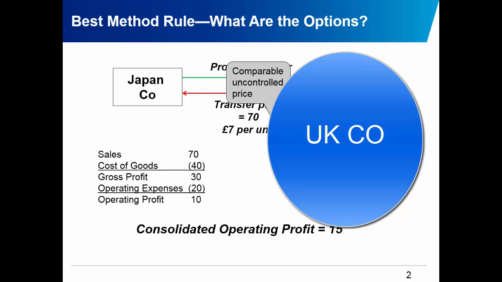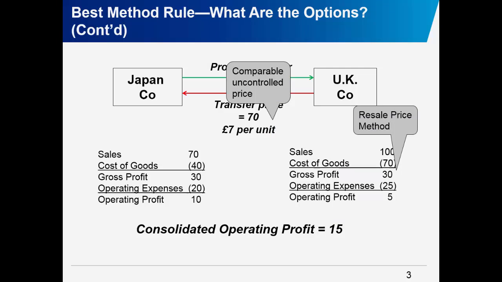Let's focus on the UK co, so let's focus on the distributor. You can have a look at its gross profit. There, you would apply the resale price method. This is also, as for the CUP method, a direct measure of the price of your transaction, in the sense that you look at the gross profit of the distributor, not directly at the price, but from this gross profit you can deduct what is an appropriate price.